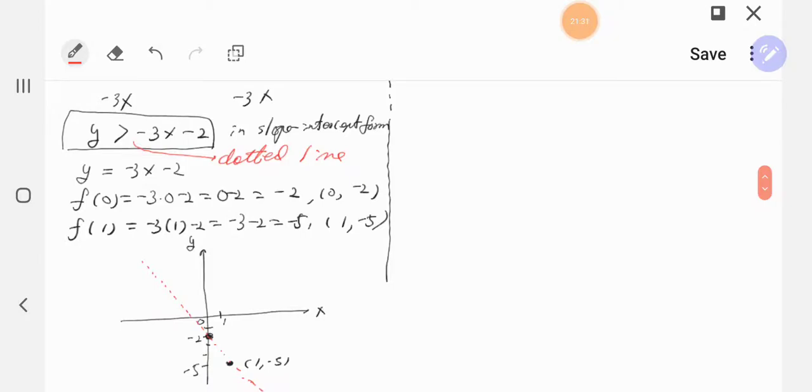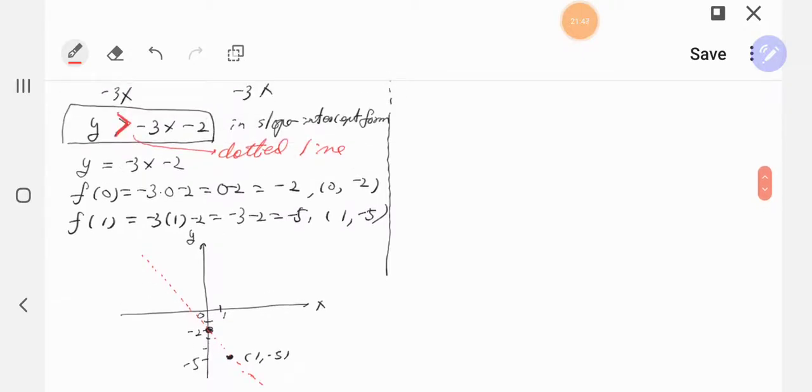Well, look at this. Y is greater than. The coefficient of y has to be 1. If this is negative y, then it doesn't work. So always the coefficient of y is equal to positive 1. Then if this is greater, the greater means what? Above the line, right?